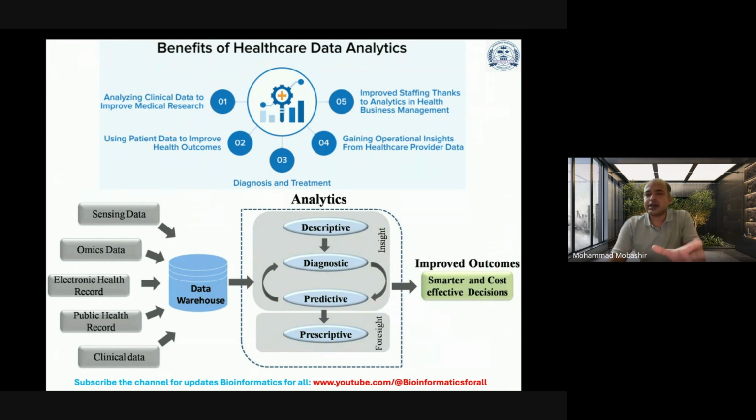If you want to think of them in terms of process development or method development for data science applications in the health sector, you can receive data from sensing data, omics data, electronic health records, public health records, clinical data, and then you can go for analytics: descriptive, diagnostic, predictive, and prescriptive, where you can think about foresight. Here you can gain deeper insight. Then you can go for the final prediction of improved outcomes, that is smarter and cost-effective decisions.